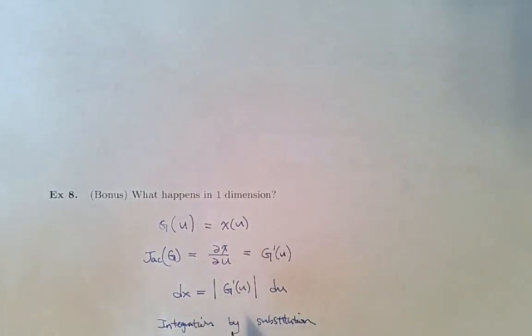This is not exactly how we usually write it, but it's very, very close. So I want to show you that what we did today is an extension and generalization of integration by substitution. Okay, so that's it for today.